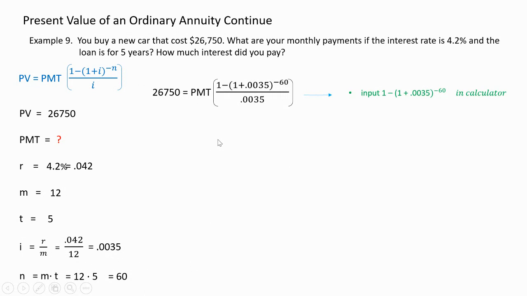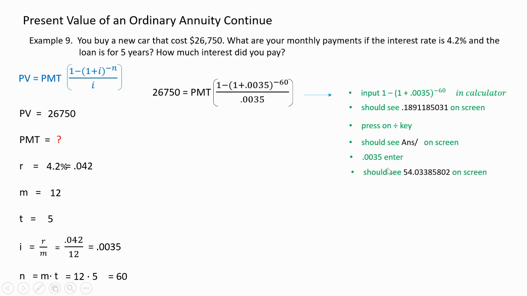So let's input the numerator on the calculator just the way it is. This is what you should see: 0.18911850031. You're going to press the division key, and then enter the 0.0035, and this is what you see: 54.03385802 on the screen.